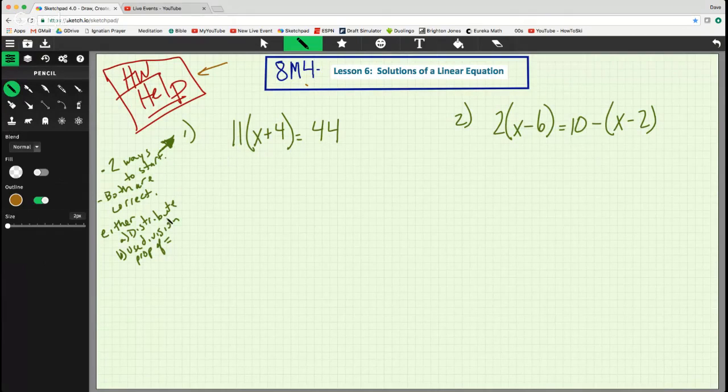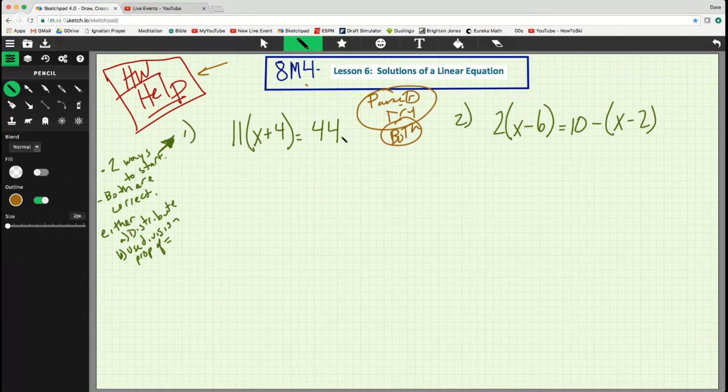They have the same answer, of course, but you can start by just using distribution and going about solving, or you can use the division property of equality and divide both sides by 11, which is the same thing as multiplying both sides by 1 over 11. All right, I'll let you go about trying these. Now I want you to pause and try both. Do both of them. And I will solve.